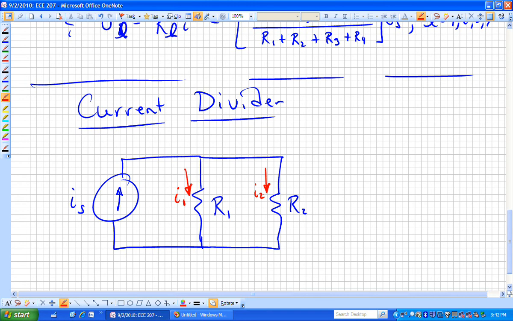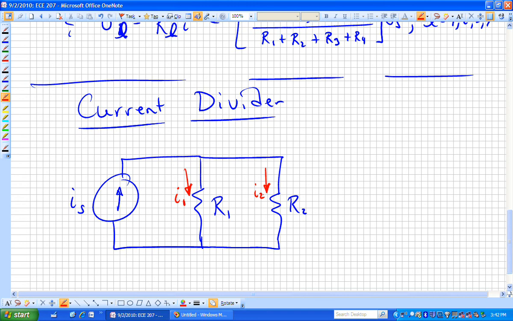If R1 is bigger than R2, how are I1 and I2 related? So if R1 is bigger than R2, I1 is bigger than I2. No, the other way around, right? Resistance is resisting current. If R1 is bigger than R2, then you would expect I1 to be less than I2. Is that clear intuitively? Let's derive the result.